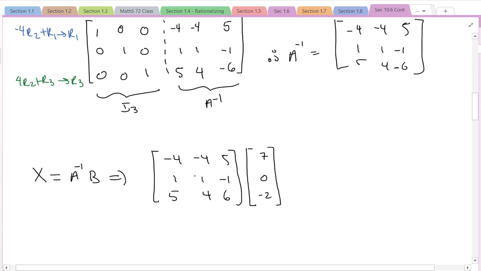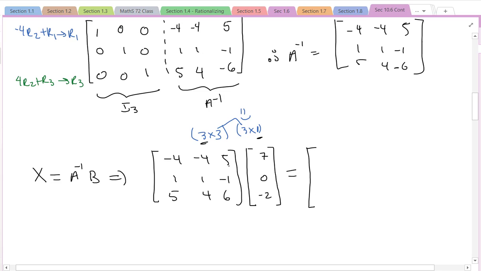Can we do this product? We should be able to, right? This is a 3 by 3 multiplied by a 3 by 1. So yes, those match up, so we are able to do it. And the resultant product is going to be a 3 by 1 matrix on the outside. So let's multiply it out.